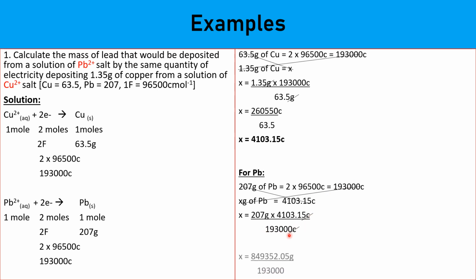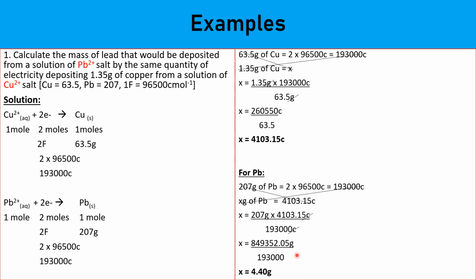So coulomb cancels coulomb. Look for the product of these two, and you are going to get 849,352.05 gram divided by 193,000 coulomb, and it will give you the mass of lead to be 4.40 gram.